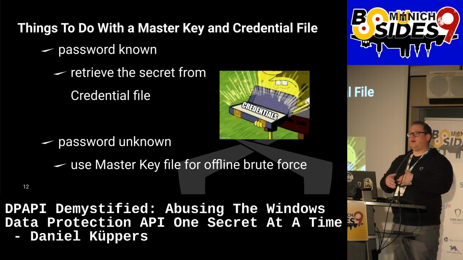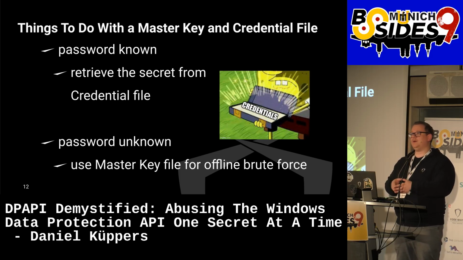The beauty of it is you only conduct file access signals. So it is quite low noise for defenders to actually notice that someone retrieved the credential files or the master key.